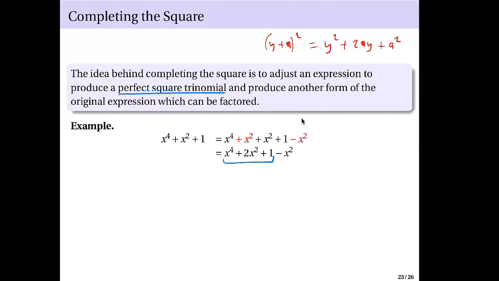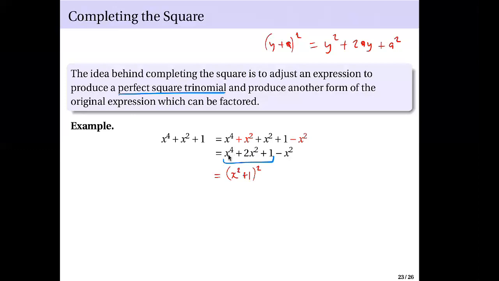So let us continue. This here is a perfect square trinomial. And therefore, if you recognize this, you can write this as x squared plus 1 quantity squared. How? Try to look at this. This is x to the 4.